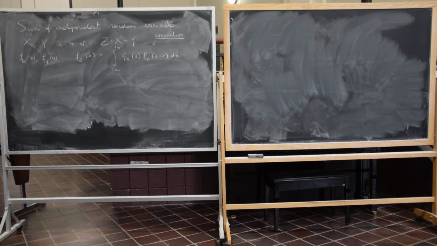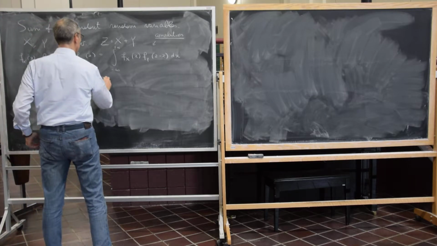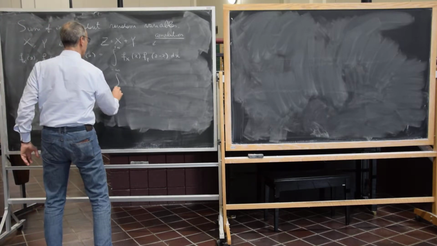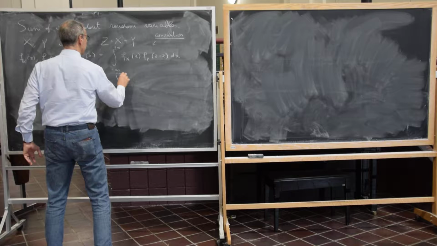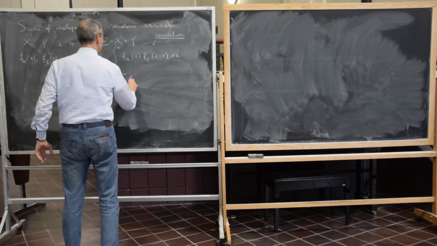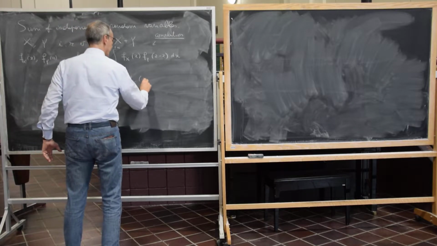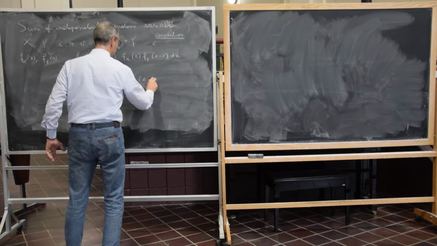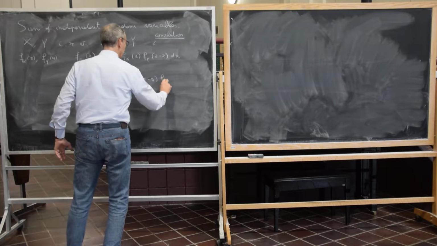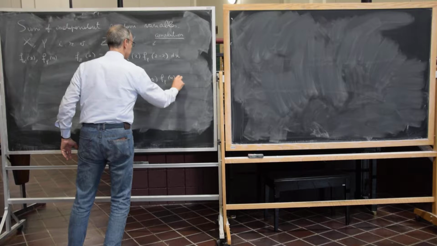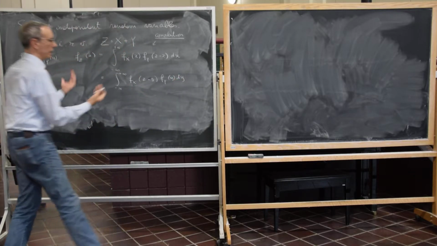And this is called the convolution integral. It turns out that you can make a change of variables, and you can also write this as the integral from minus infinity to plus infinity of f_X of z minus y, f_Y of y, dy. So it's the same.